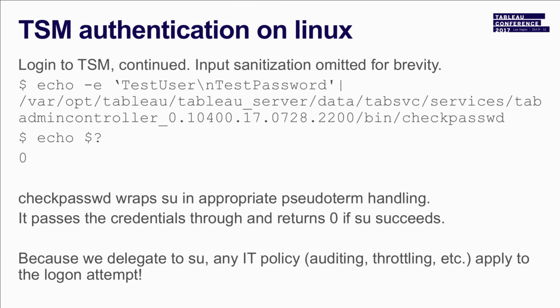And it exits with a code. It's either success or failure. And this delegates to su, so the su command. And the only reason we have this is for pseudo-terminal handling. Su is kind of finicky about it being run on a terminal, and this thing emulates a terminal well enough so that su is happy.